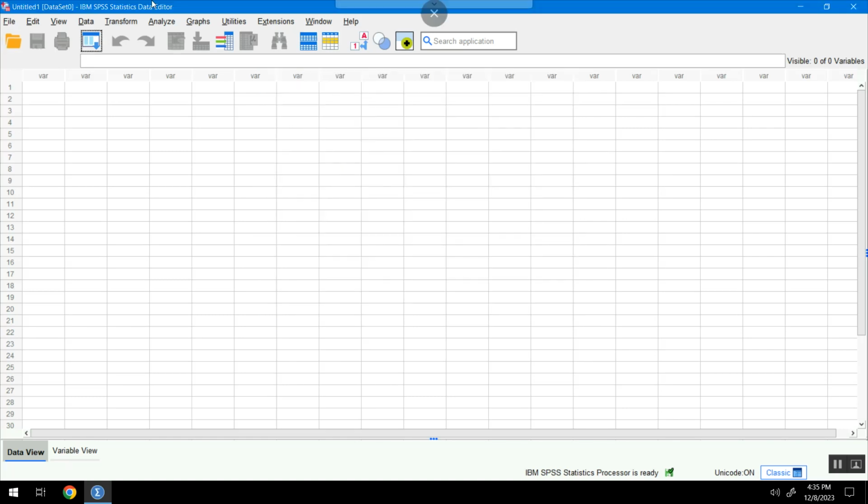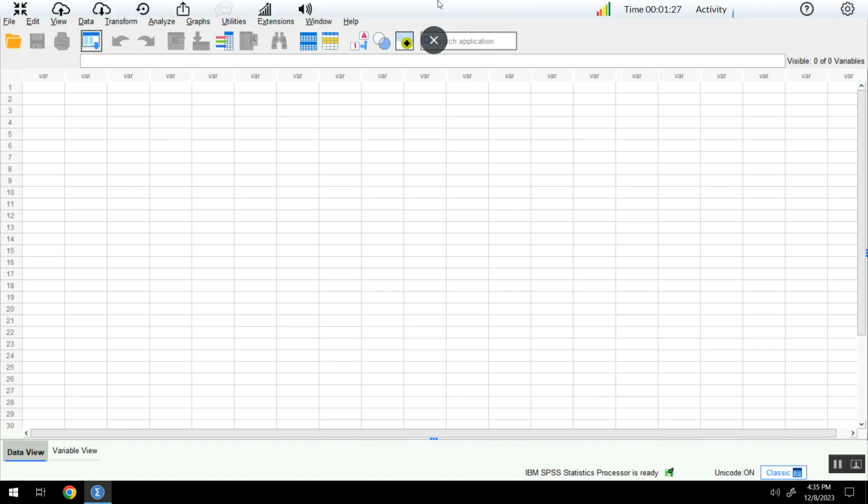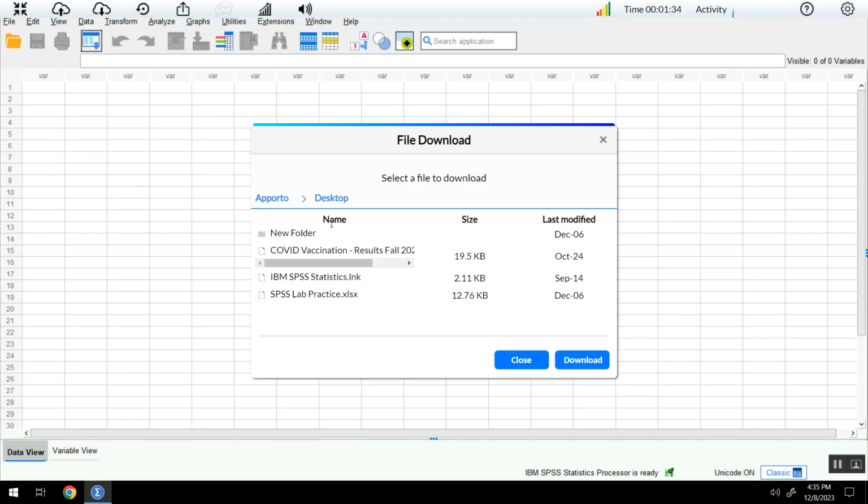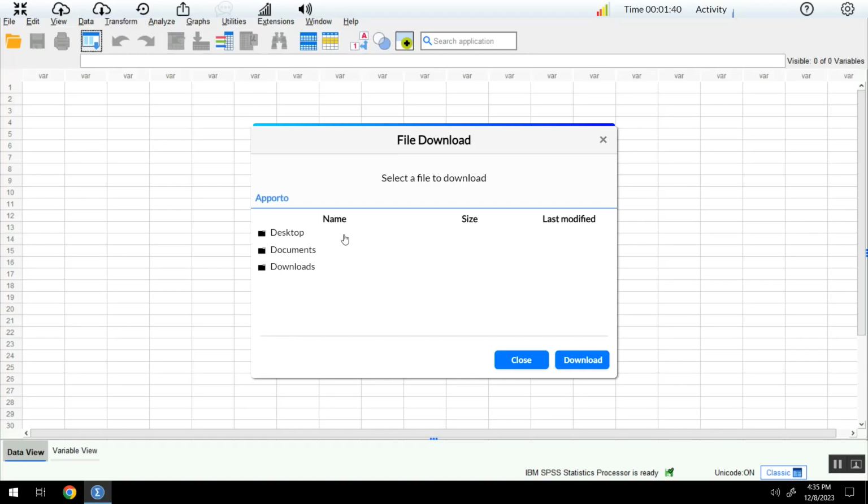Hold on, let me download it here. So the problem with Oporto is you have to transfer the files. You see the little cloud, it says file download. I have to download it from my PC. I don't know if I have it already, but let me show you how to do that.